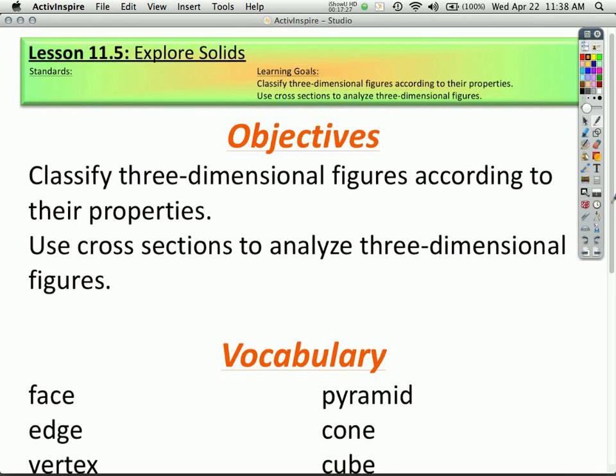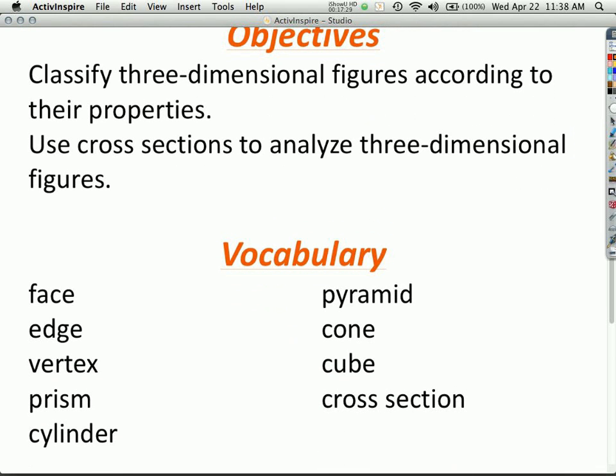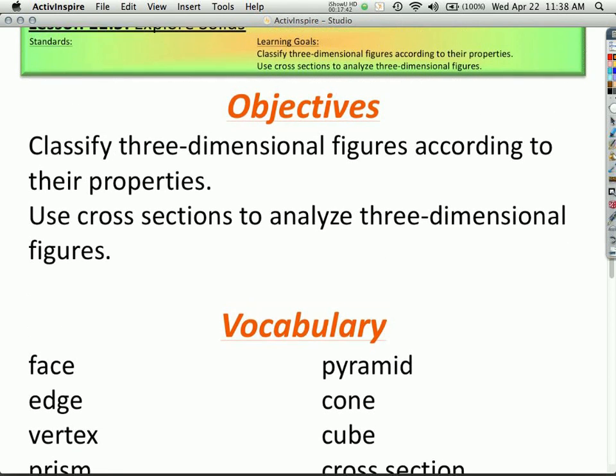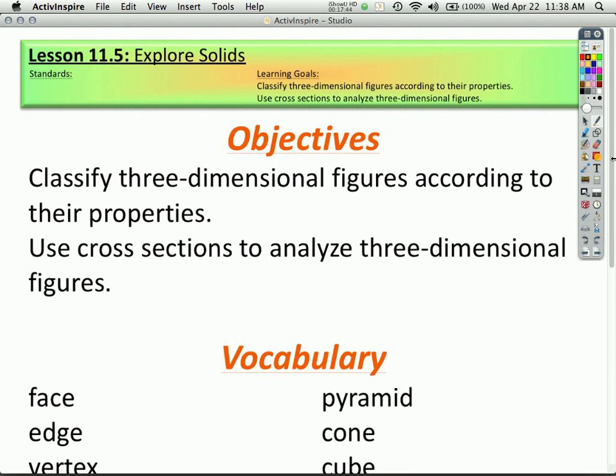A lot of new terminology coming out today. Face, edge, prism, cylinder, pyramid, cross section. Some of these terms you may have heard before, but maybe not in this context. Any observations or questions so far?